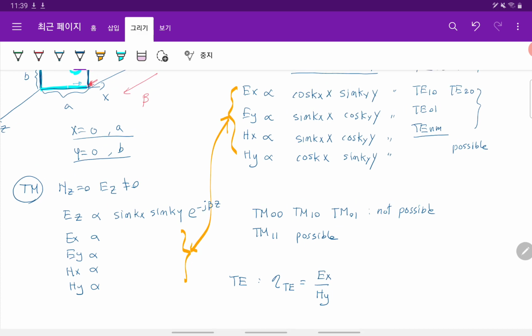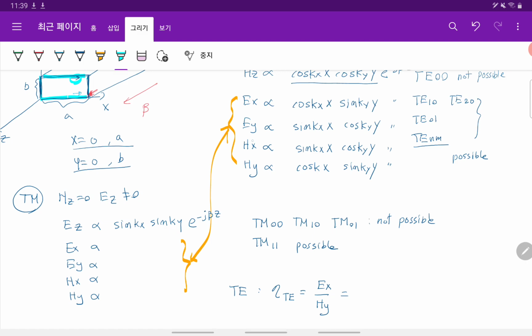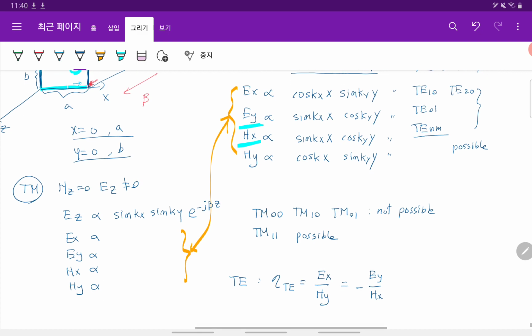Our assumption is that the wave is propagating in the positive z direction, so if E is x, H is y, then we maintain this sign. But we have another pair, Ey and Hx. We can put Ey and Hx, but we should put a minus sign to follow the right-hand rule.